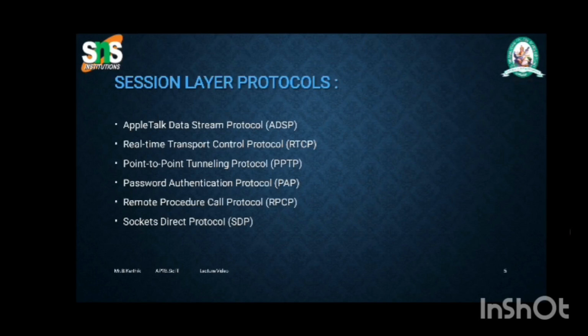Next, Real-time Transport Control Protocol provides out-of-band statistics and control information for an RTP, that is Real-time Transport Protocol, session. Its primary function is to provide feedback on the quality of service in media distribution by periodically sending statistical information such as transmitted octet and packet counts.